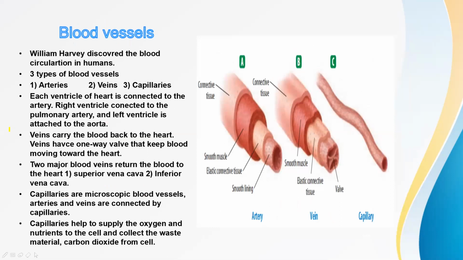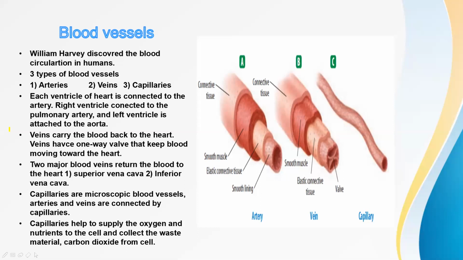Already we learned that there are two types of blood vessels: one is the artery and the second one is the vein. Before talking about these blood vessels, in the mid 1600s, scientists proved that in the circulatory system the blood always flows in one direction. Like on main streets, all the cars and buses move in only one direction, similarly in the human body, the blood flows always in one direction.